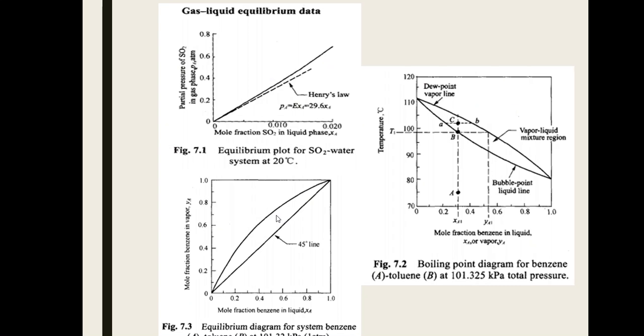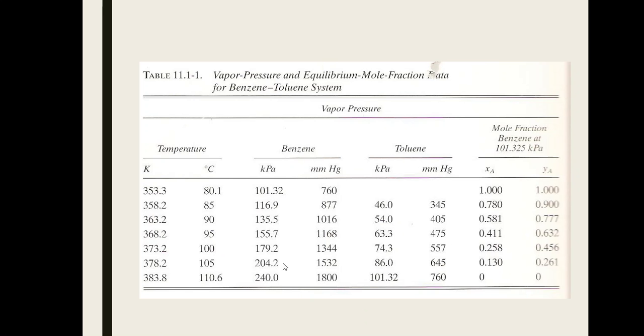Now, if we have diagrams that could represent relationships of variables at equilibrium, we can also have tables. So in here we have temperature on the first column. We have here the columns for the vapor pressure of benzene and toluene in a benzene-toluene system.